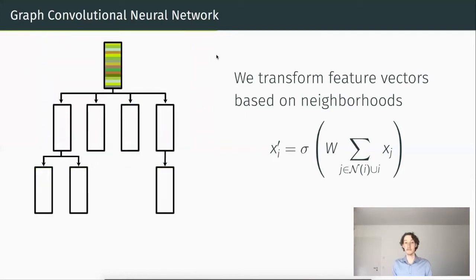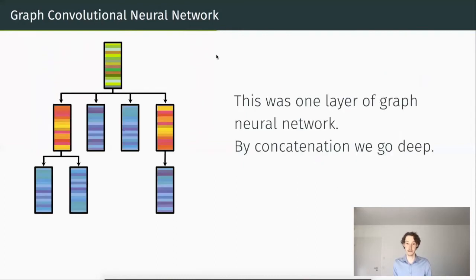Then we end up with a new feature vector that might have a different dimensionality. In this case, we have double the dimensions in the input. We do that for all the nodes. This is one layer of a graph neural network, and then we concatenate a bunch of those and we get a deep graph convolutional neural network.